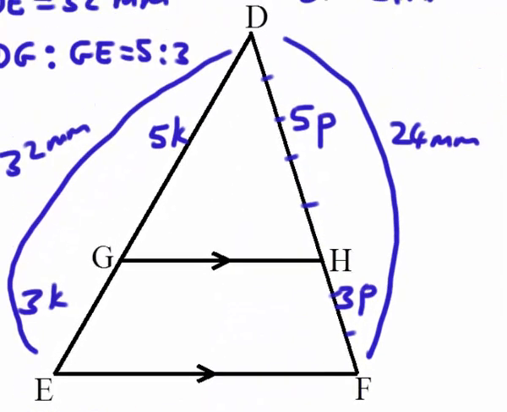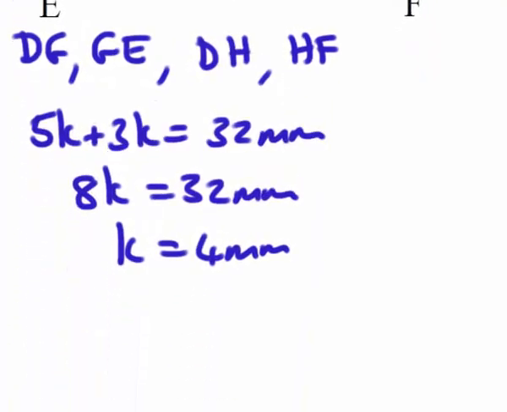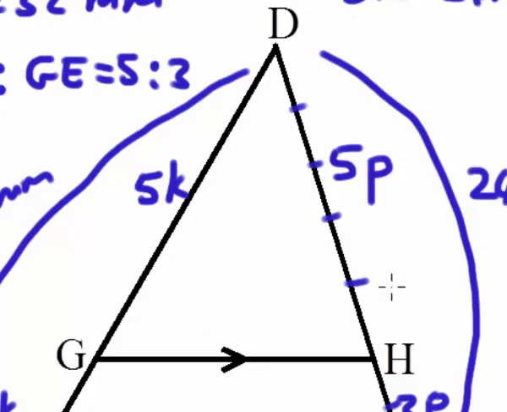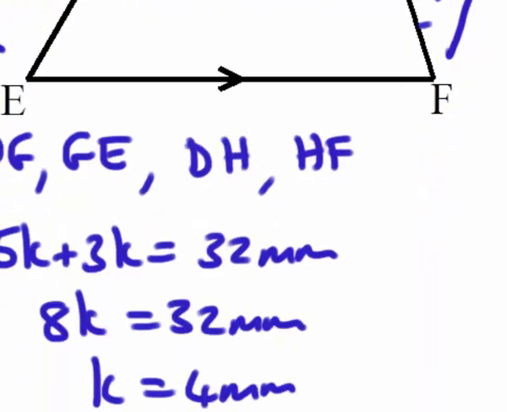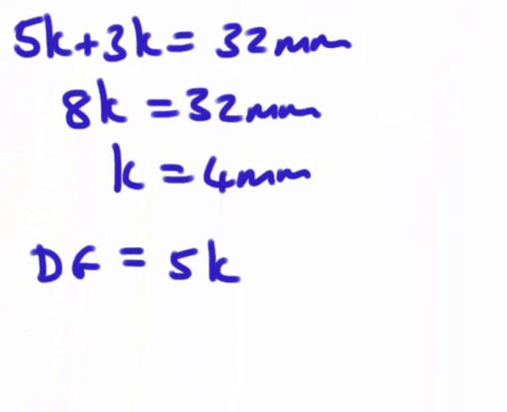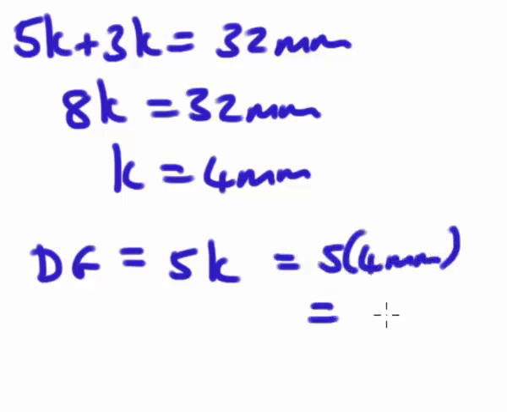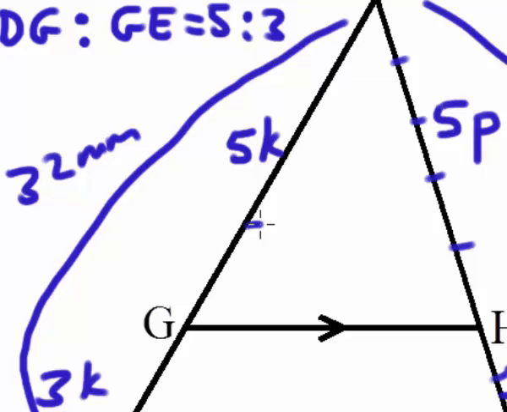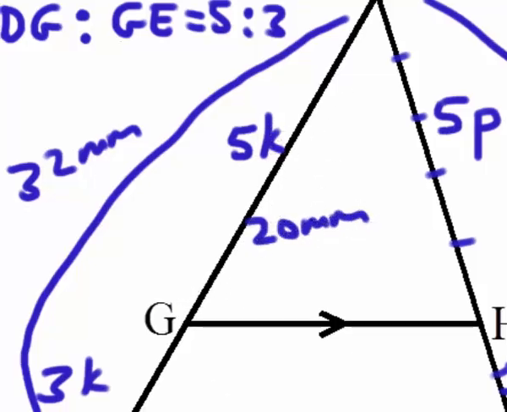But now, what would DG be if you think about it carefully? Well, DG is actually 5K. So what would its actual length be? It would be 5 multiplied by the 4 millimeters, which is 20 millimeters there. Okay, so that's great. So this is 20 millimeters, 5 times the 4 for K. Alright, what about this?